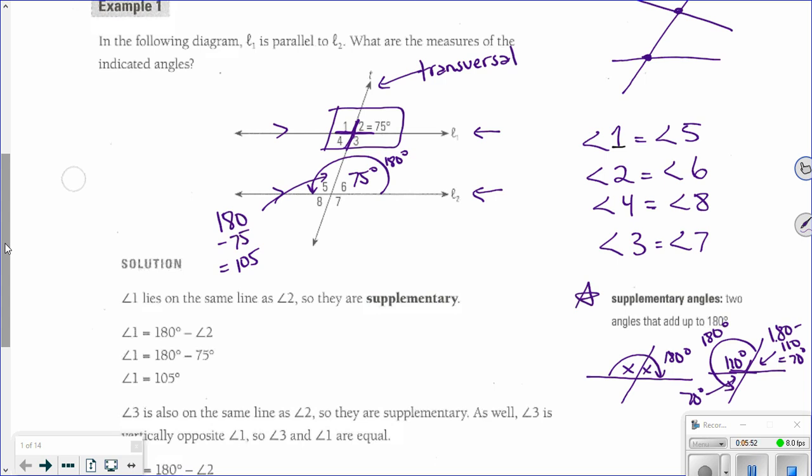So that's what it's doing right here. It says angle 1 lies on the same line as angle 2, so they're supplementary. So 1 and 2 make 180 degrees. So angle 1 is 105. Angle 5 is also 105 for the same reason. And we know angle 1 and angle 5 are equal because they're in the same position.